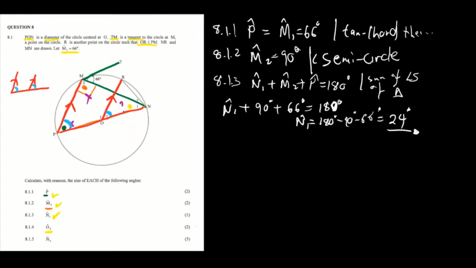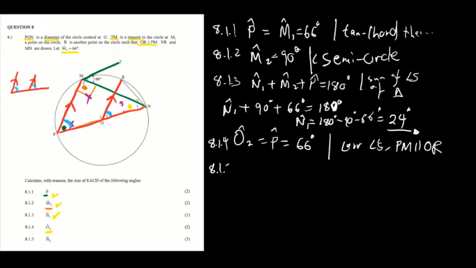Our angle O2 is equal to our angle P, which is 66 degrees. The reason for this is corresponding angles, where you can just say PM is parallel to OR. So we are done finding our angle O2, which is 8.1.4.